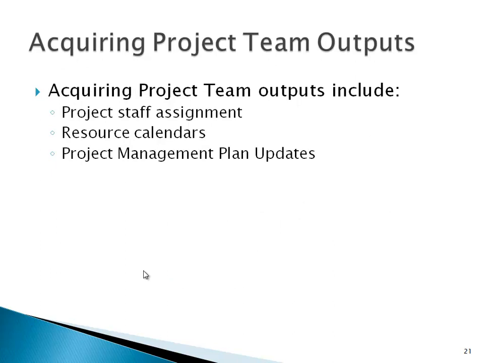We expect as an output from acquiring the project team to have a project staff assignment. Now we know who the people are, even by name, that maybe John will be responsible for doing this, maybe James will be responsible for this. So we have certain names for certain activities and certain tasks within the project.